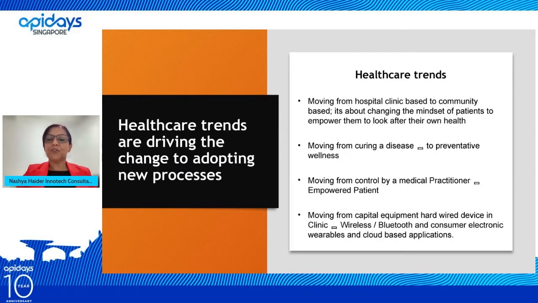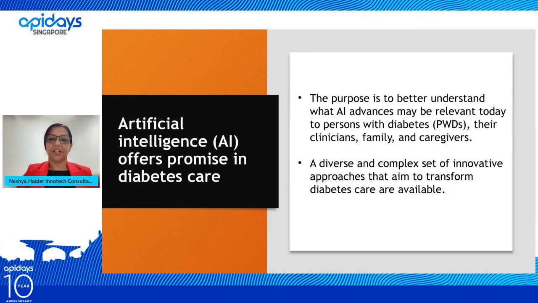And we're moving to a behavioral change where the mindset of patients is to empower them to look after their own wellness and their own well-being and their health. And the purpose of artificial intelligence is that it offers promise in diabetes care.